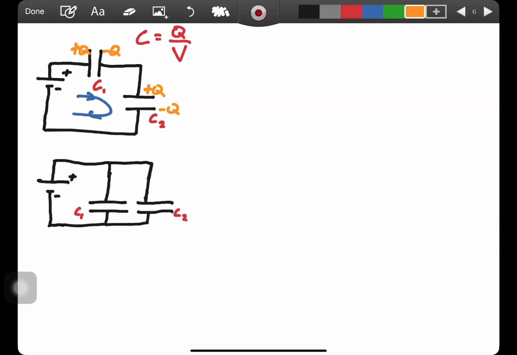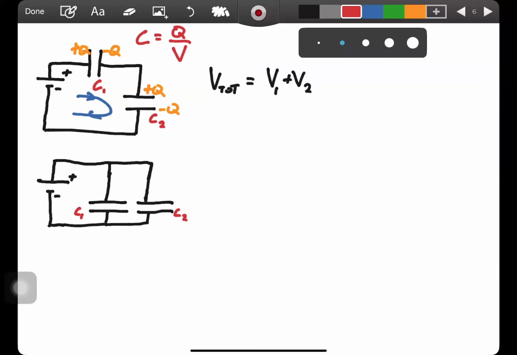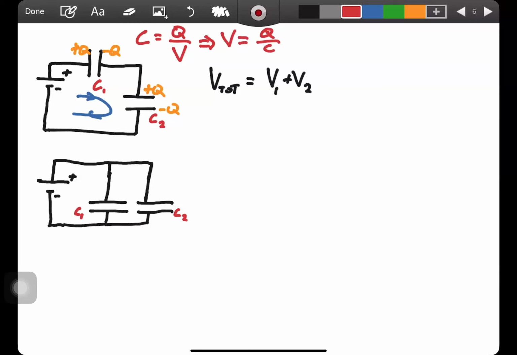And so I'm going to say that the total voltage supplied to this circuit is going to equal the voltage drop across the first capacitor plus the voltage drop across the second capacitor. Now, remember, capacitance is Q divided by V, and so I can rewrite this equation as V equals Q over C. Just some simple algebra there.